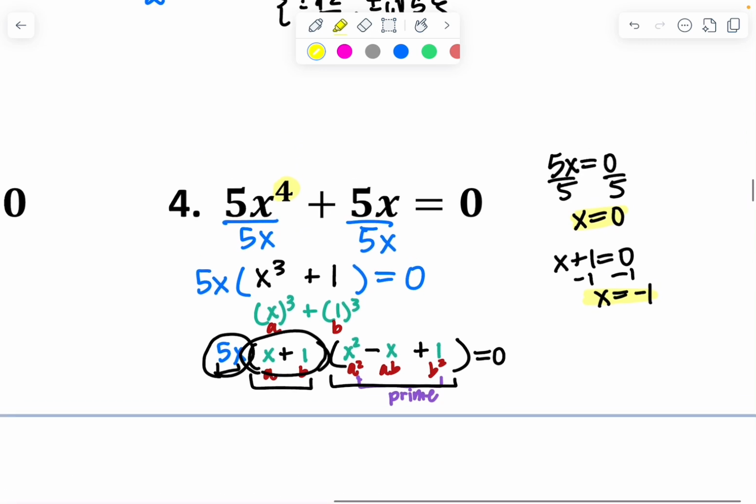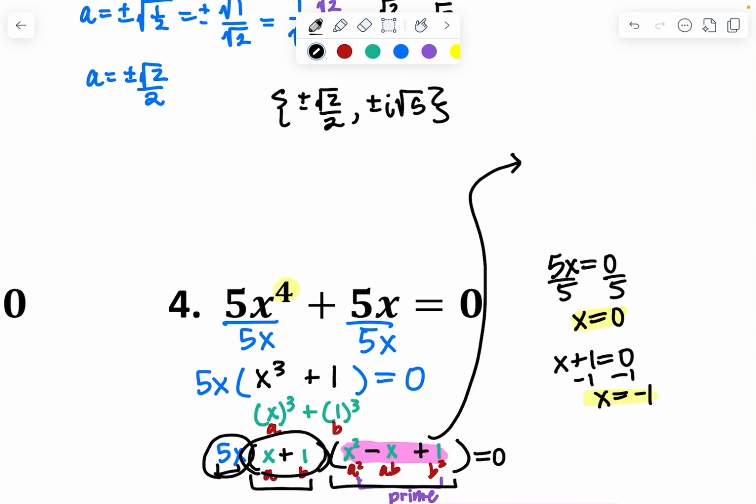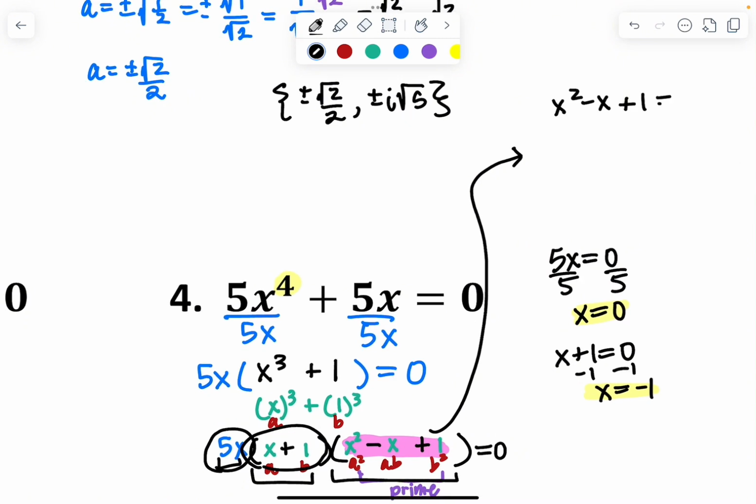And so this last one's going to be the hardest one. This quadratic is not factorable, and so we have to solve it by either completing the square or quadratic formula. And so I'm going to use the quadratic formula. Okay, so we have x squared minus x plus 1 equals 0. Our a value is 1, b value is -1, our c value is 1.